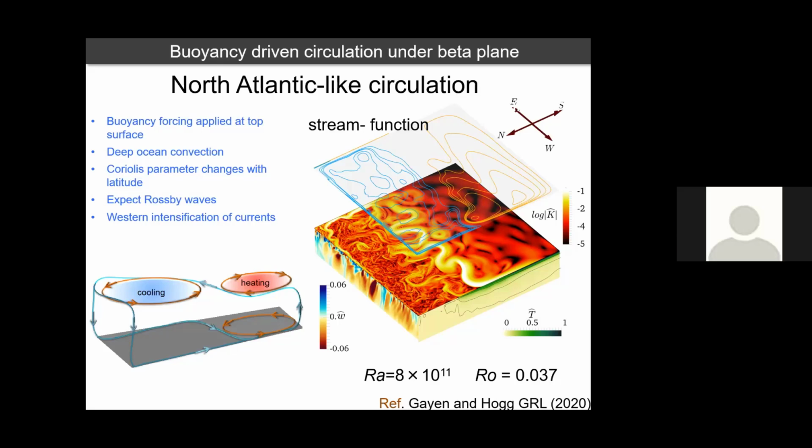For buoyancy it is not obvious. In this paper, we tried to propose an alternative theory called buoyancy-driven gyre theory, similar to Sverdrup theory, because in Sverdrup theory the potential vorticity is only given by the wind. Here we are saying that because of the heating and cooling, that can give you the vorticity. It is an alternative theory, but we need to test it.